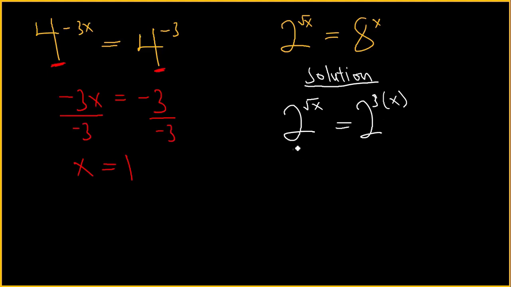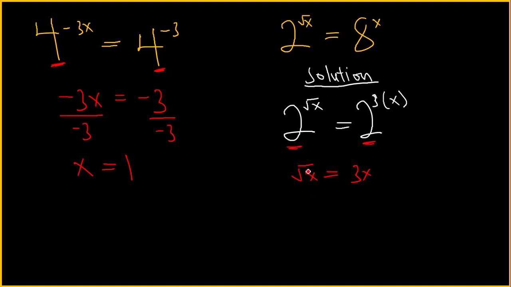And the condition states that if the base, so we have 2 as a base, we have another 2, then we equate the powers, which is root x equals 3x, multiplying 3 by x. That is the third law, the power law.